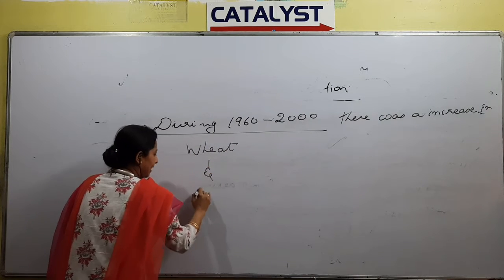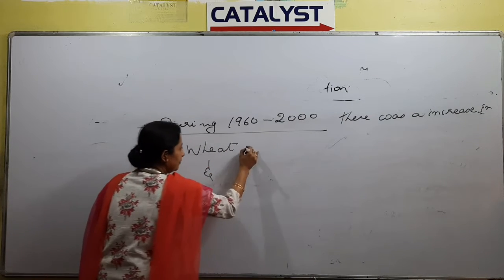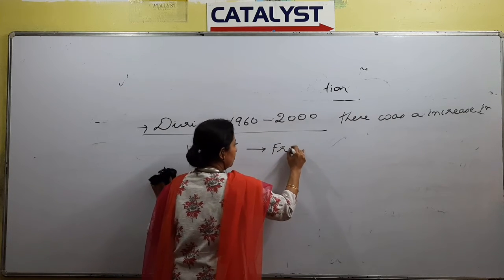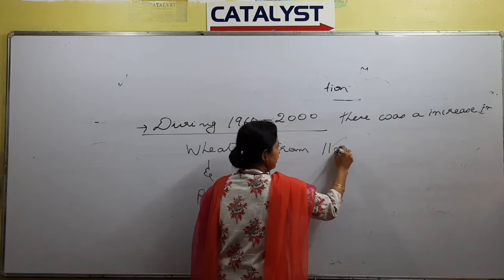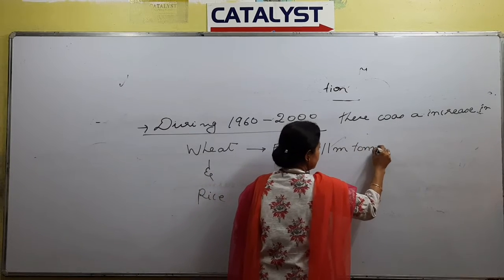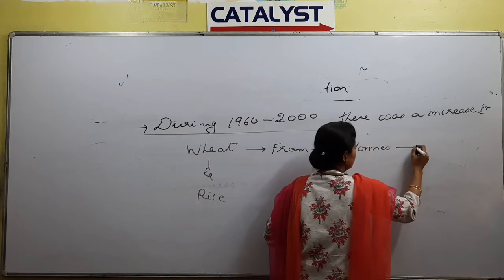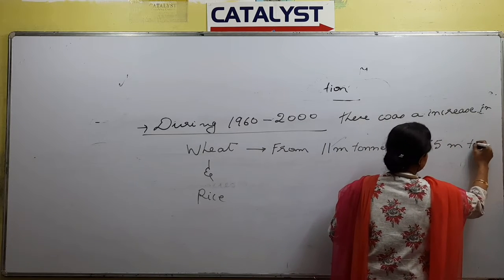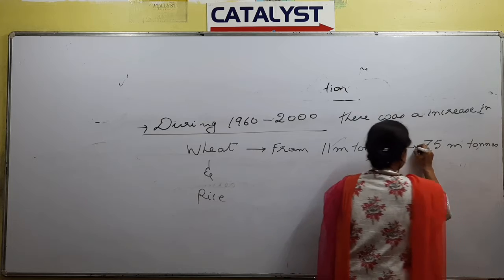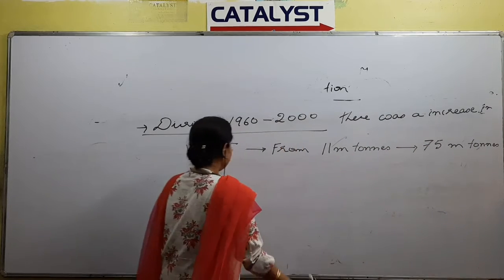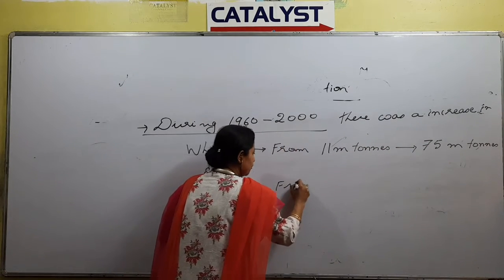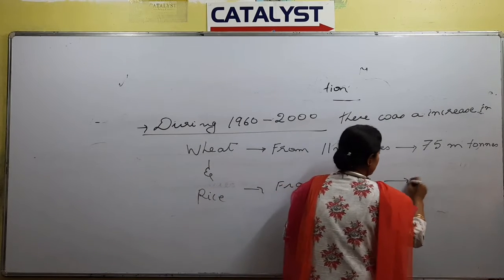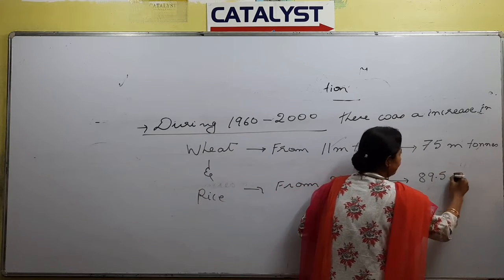The production of wheat increased from 11 million tons to 75 million tons. Similarly, rice increased from 35 million tons to 89.5 million tons, right?